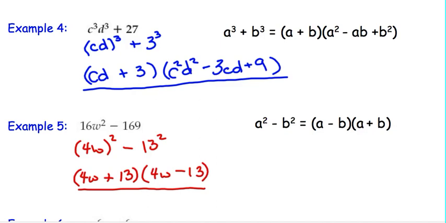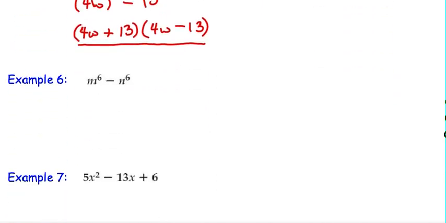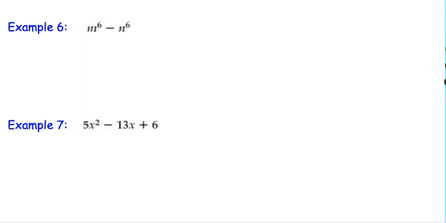Alright, let's look at example number 6 for this section of your foldable. And we have m to the 6th minus n to the 6th. Now, if you look at 6, that's kind of an interesting number because it can be rewritten as squares or cubes.